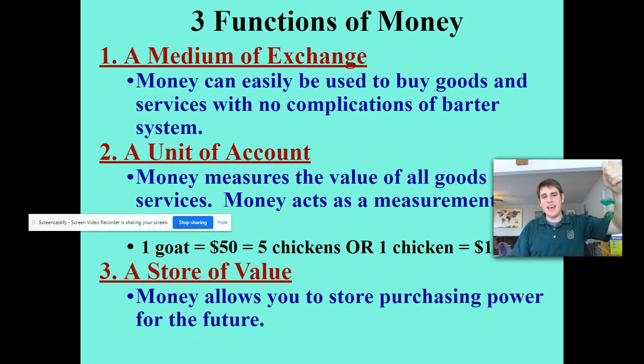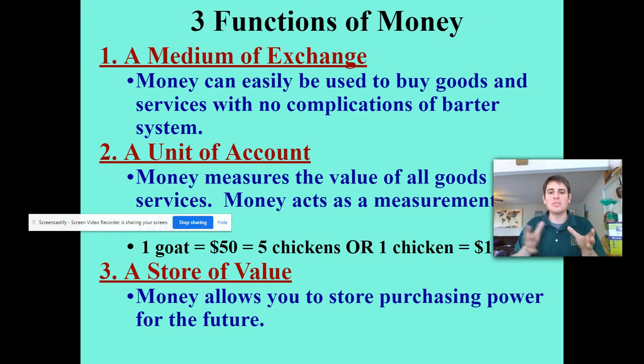The other one is that it's a unit of account, right? I talked about the goat and the chicken. Well, I can put a dollar value on it: a goat is worth $50 and a chicken is only worth $10, right?